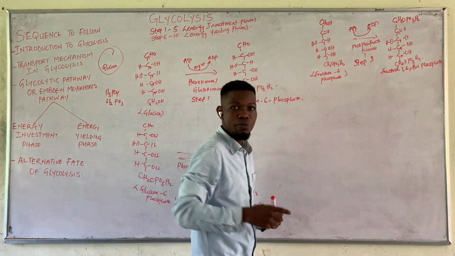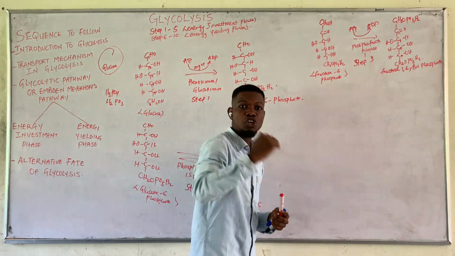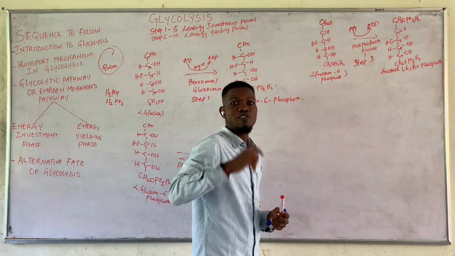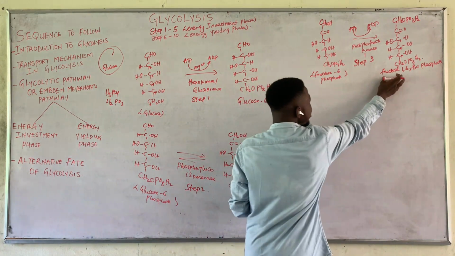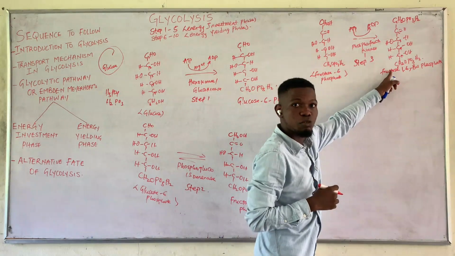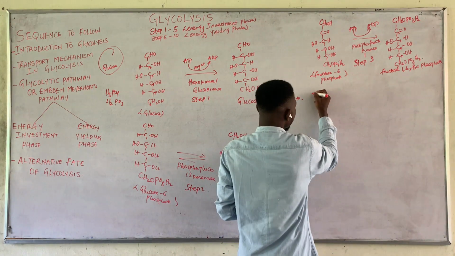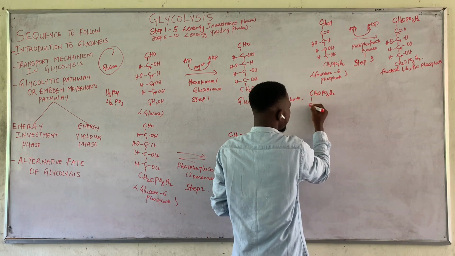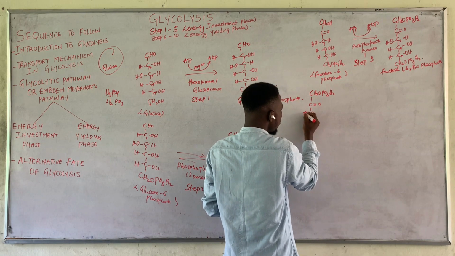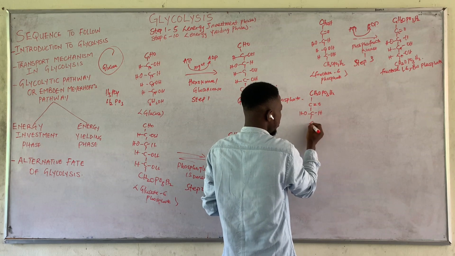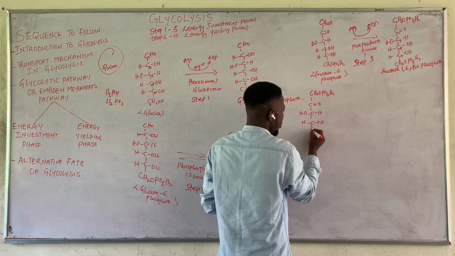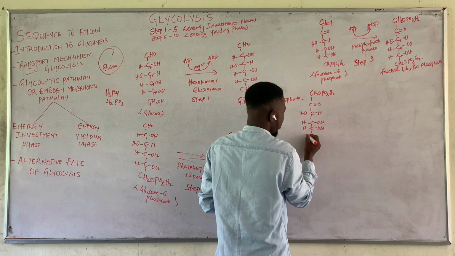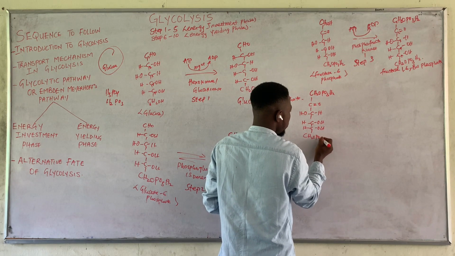Now, the next step will be step 4. I've told you that the product of one step is the substrate of another step. So this is our substrate now for step 4: CH2O, PO3, H2, then C double O, COH, H, CHOH, CHOH, and CH2O, PO3, H2.